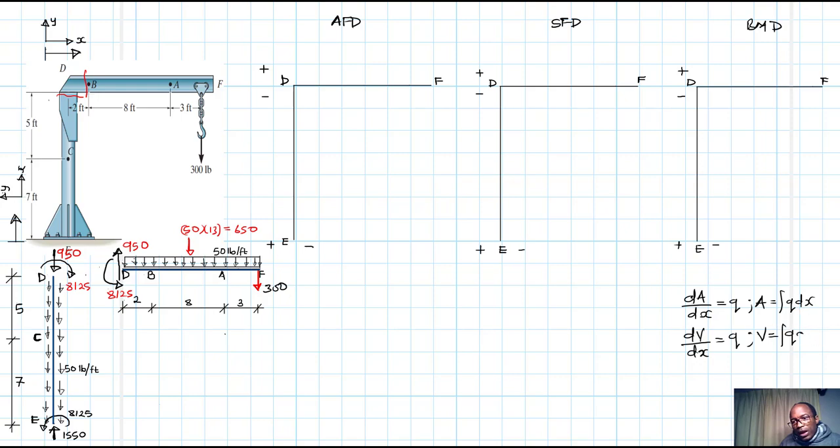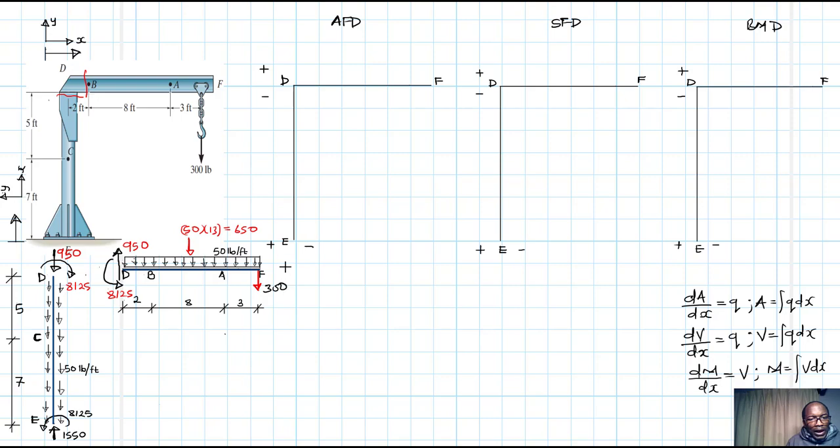And the rate of change of moment with respect to x is equal to shear, and moment itself is just equal to the area under the shear diagram. So these are the equations that we're going to use, right?